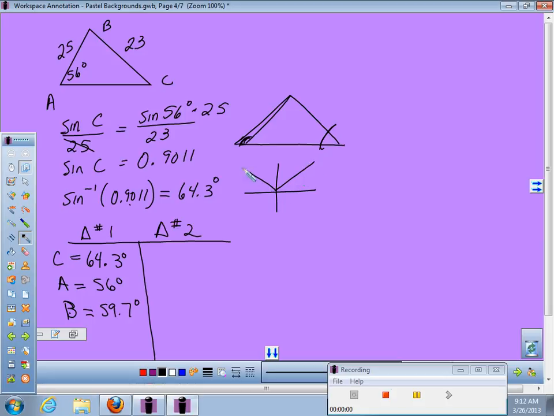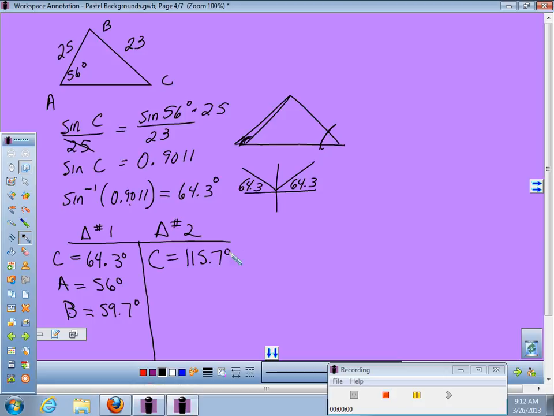So therefore, it could have been a 64.3 degree angle in the first quadrant and stayed 64.3, or it could have been 64.3 over here in the second quadrant. So if you have a second triangle, angle C would have been what you get when you do 180 minus 64.3, which would be 115.7. So if there's a second angle C, it has to be from subtracting that from 180.